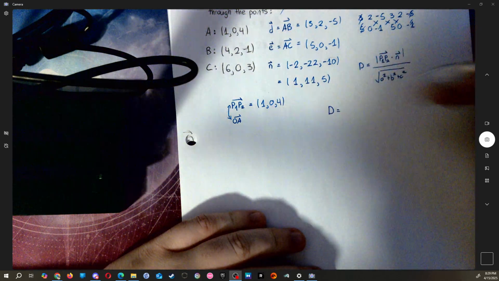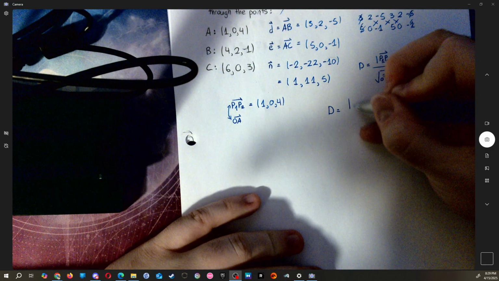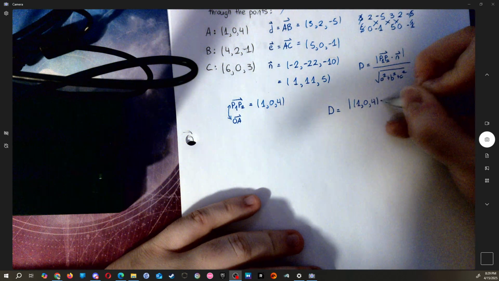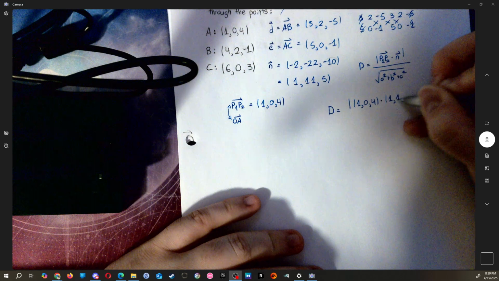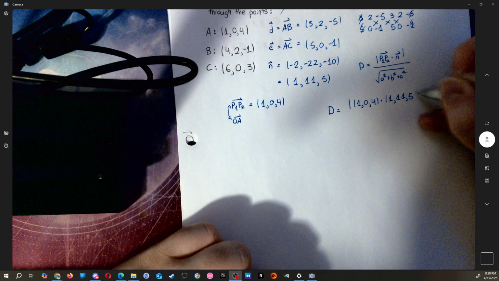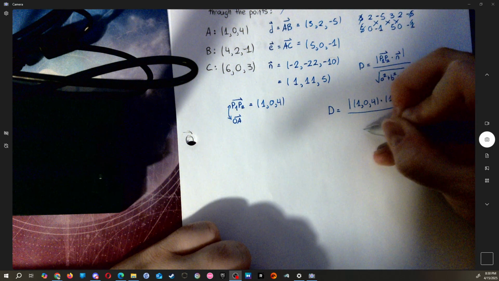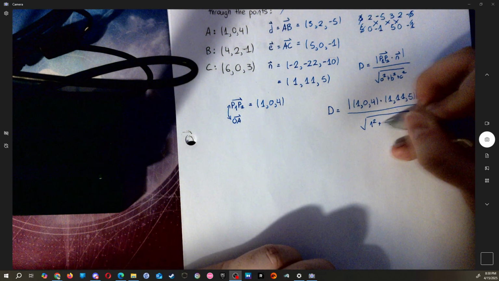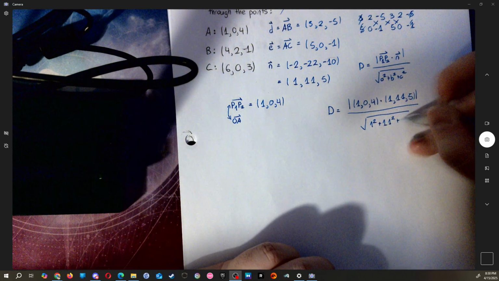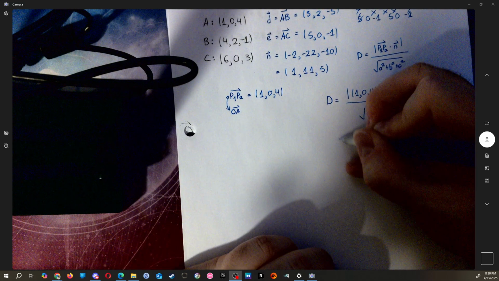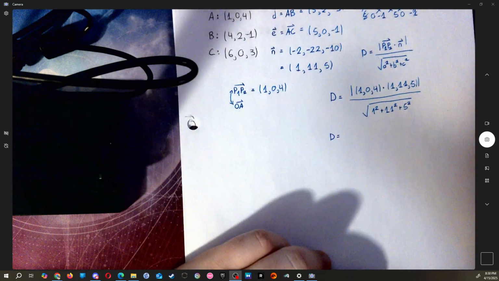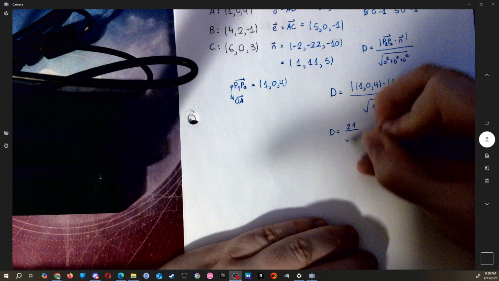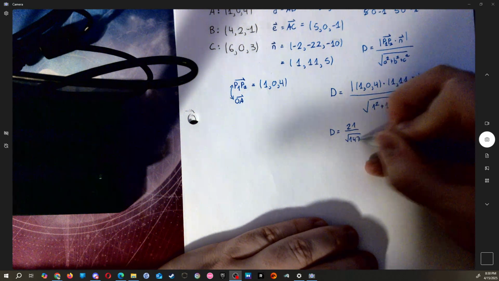D is equal to 1, 0, 4, dotted with 1, 11, and 5, divided by the square root of 1 squared plus 11 squared plus 5 squared. And because it doesn't specify to keep our answer as an exact value, I am going to get an answer of 21 divided by the square root of 147.